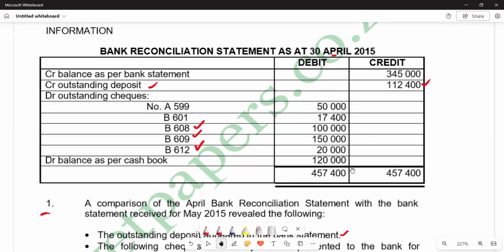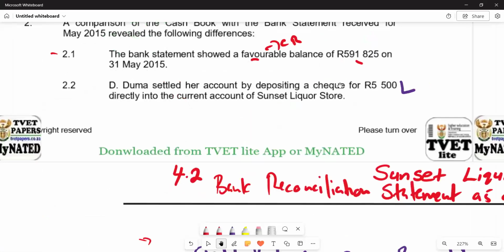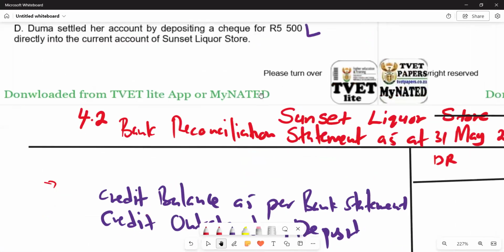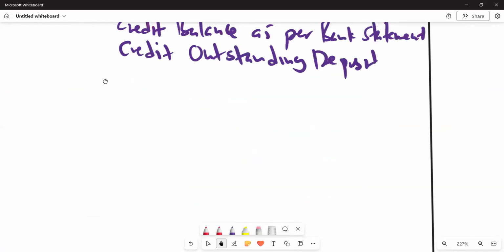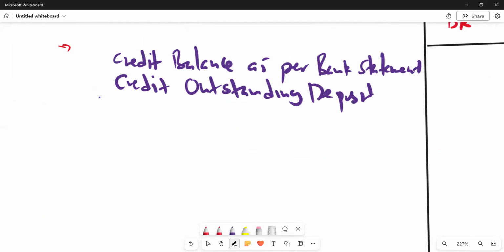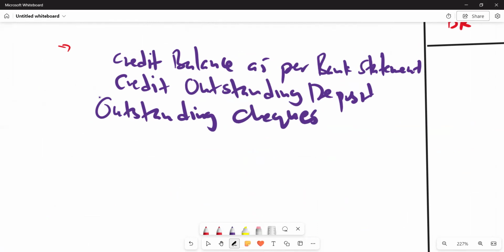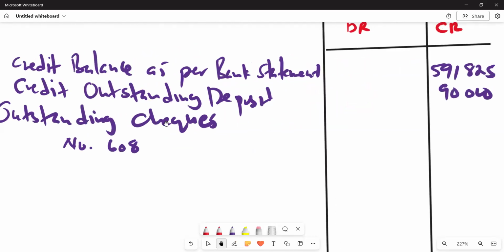Then we go to our answer section. So here we are saying outstanding checks. For outstanding checks, we have check number 608 with an amount of 100,000.